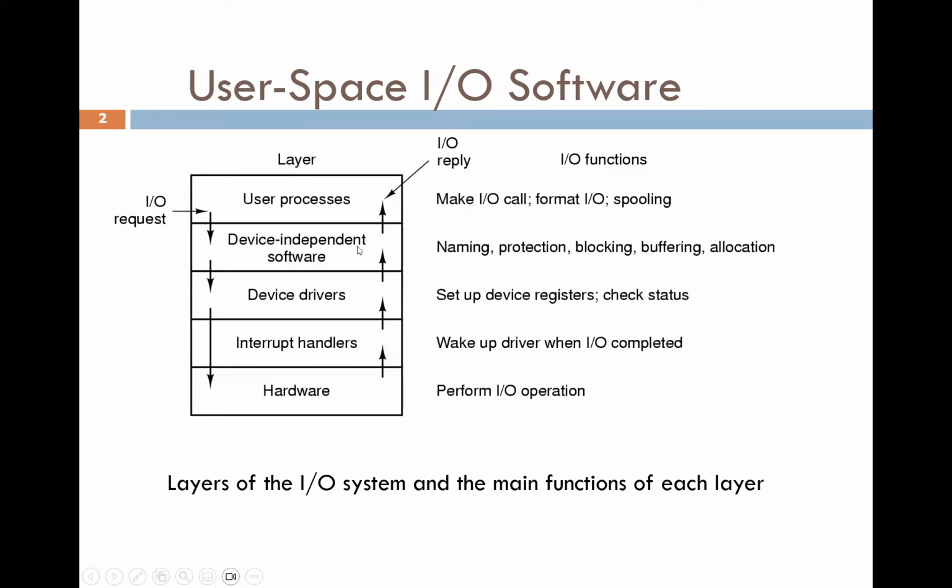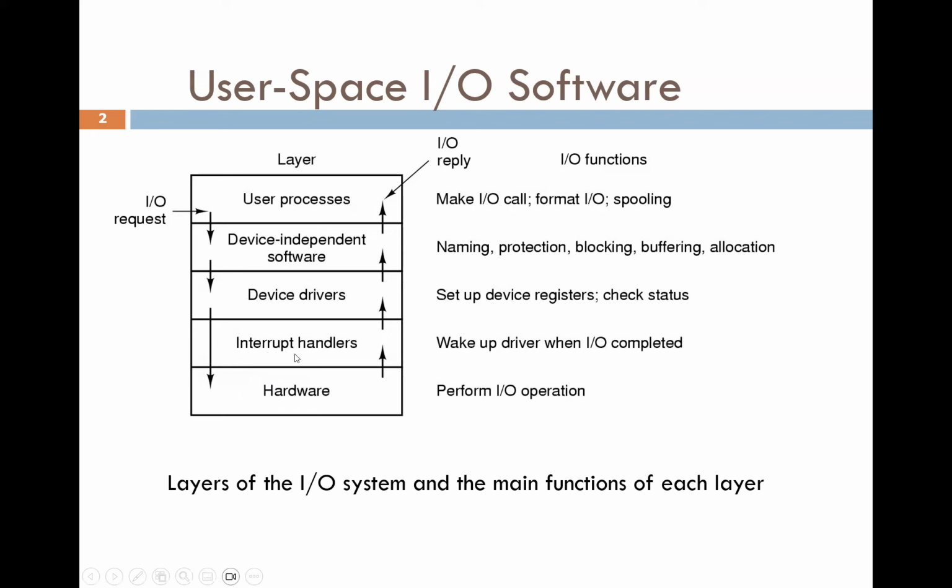Then this layer will hand over the request to the next layer, the device driver. Here it will set up the device drivers and check the status of those device drivers, and then it will hand over the request to the next layer, the interrupt handlers. Interrupt handlers will wake up the driver when IO is completed, and then hand over the request to the bottommost layer, the actual hardware, the physical thing.